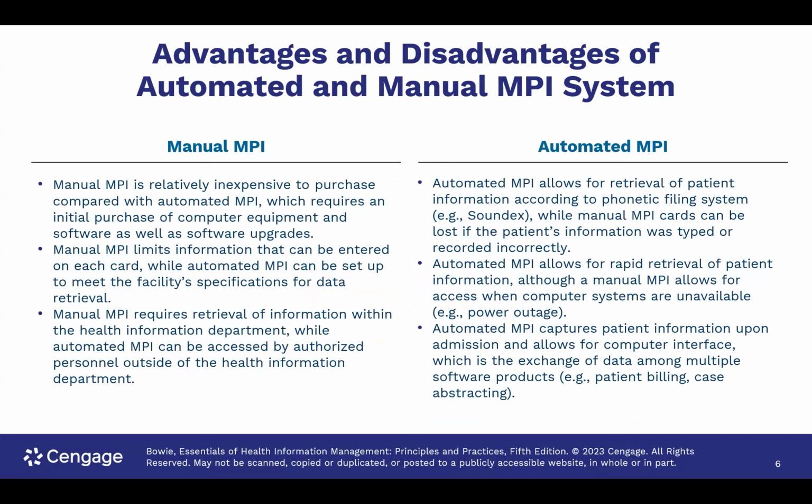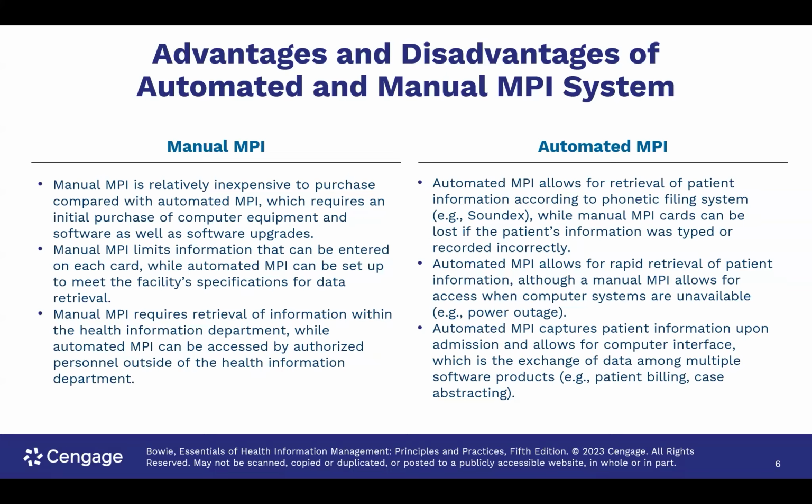It's cheap to maintain. You basically buy equipment, the index cards, you get a Rolodex, maybe a typewriter, and you're off to the races, right? Maybe you want to go with word processing, so you need a computer or what have you. But compared to an automated MPI, this is a much less expensive option. The manual MPI limits the information that can be entered on each card.